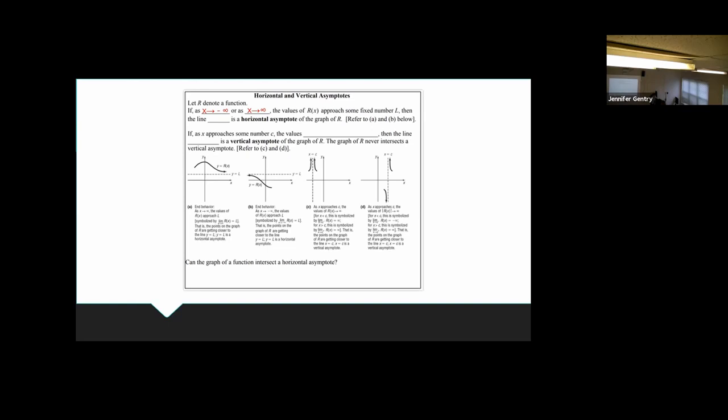As x is approaching negative infinity, or as x is approaching infinity, the values of y are approaching some fixed number, L. Could be any number, doesn't matter right now. Then the line y equals L is an asymptote. It's never going to get there.